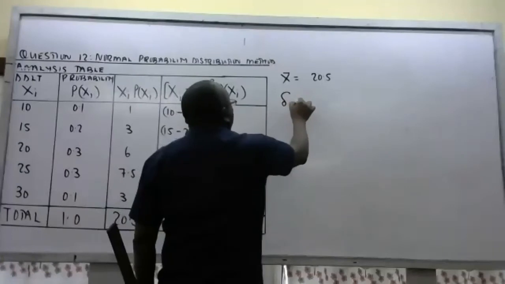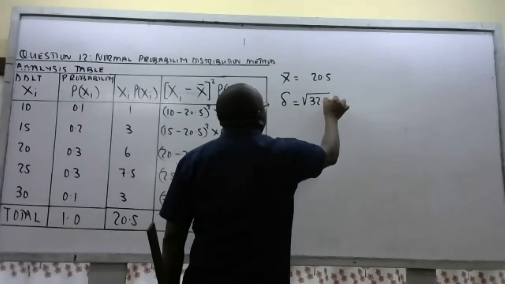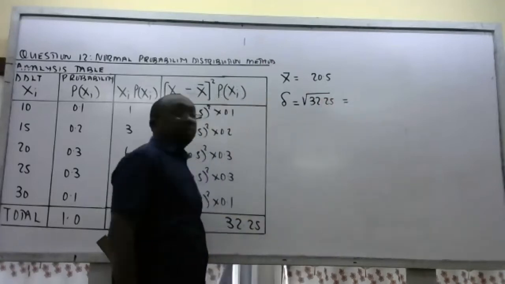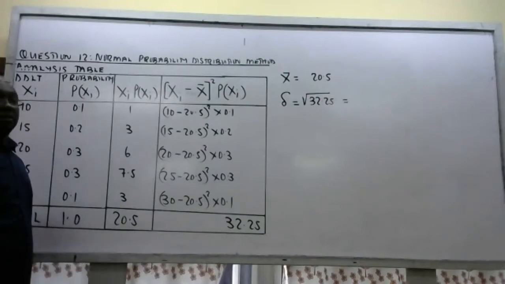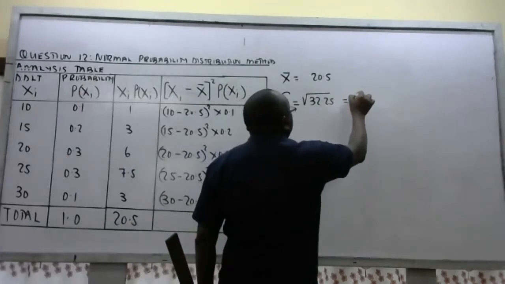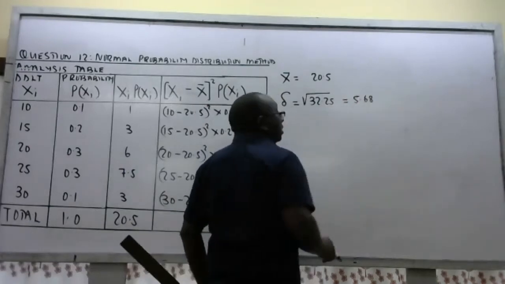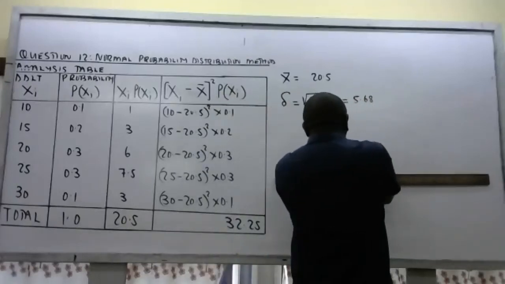Standard deviation will be the square root of that 2.25. Standard deviation would be the square root of that. 0.68. Okay, now with that, we draw our curve.